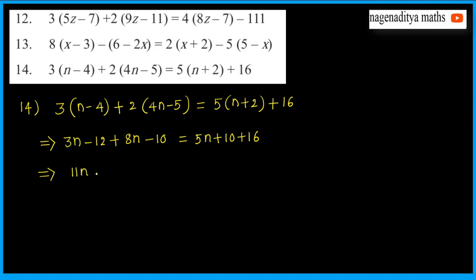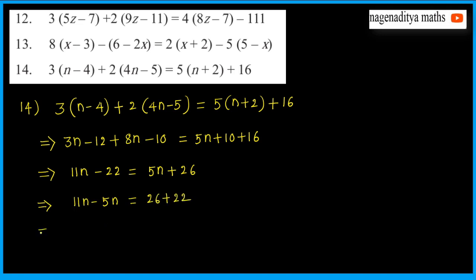minus 12 minus 10, that is minus 22, is equal to 5n, 10 plus 16, that is 26. So this implies 11n minus 5n is equal to 26 plus 22.